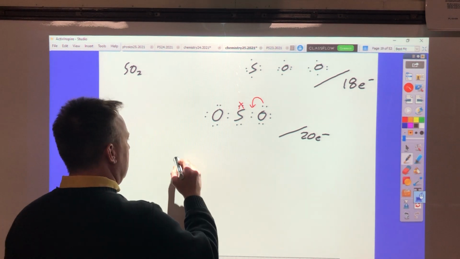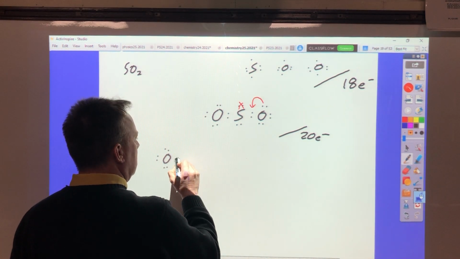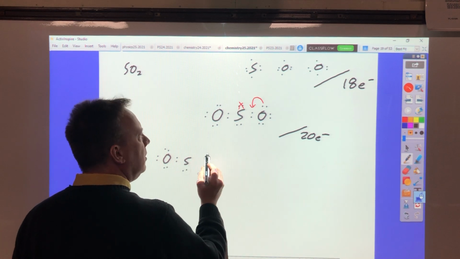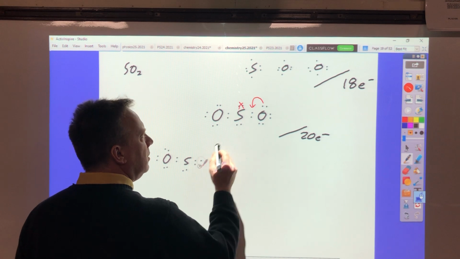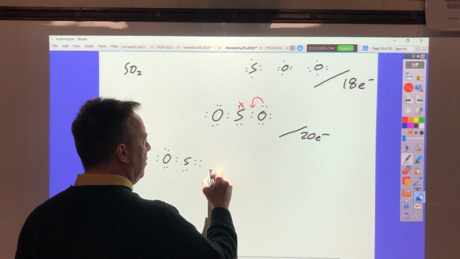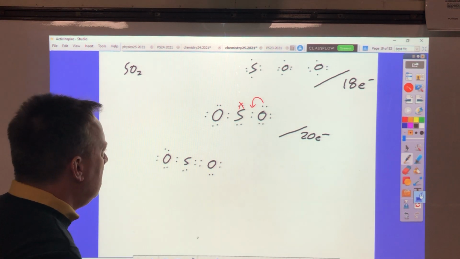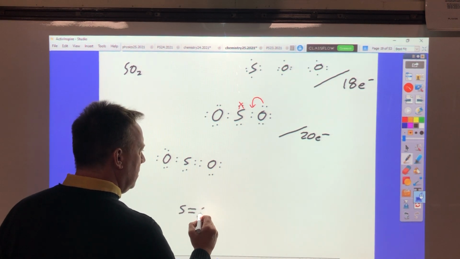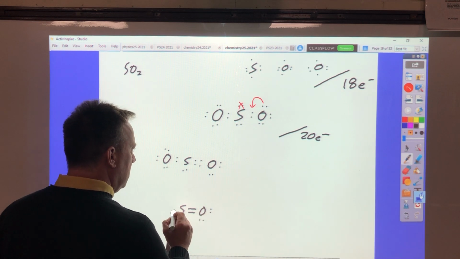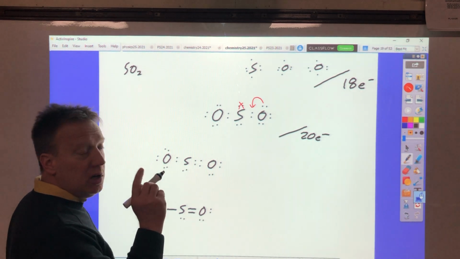Okay, when we do that, we have oxygen, sulfur, 2 pairs in there and 4 in there now. Oxygen looks like this. Let's replace the shared ones with sticks.